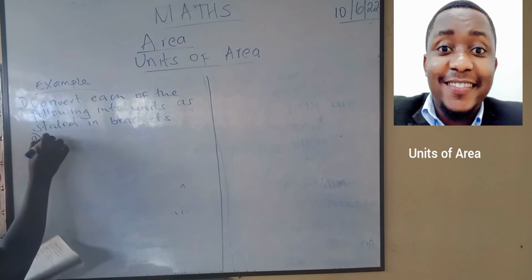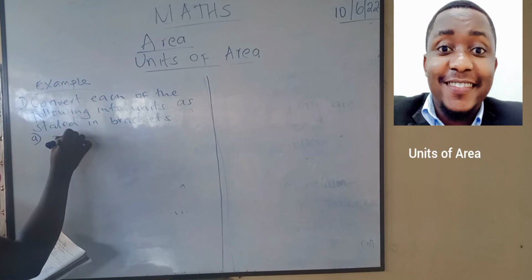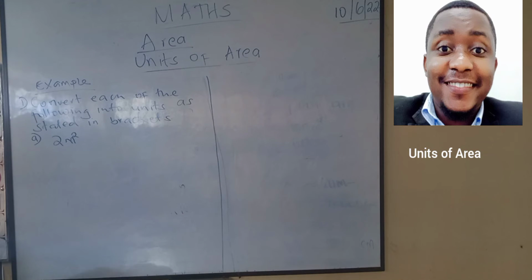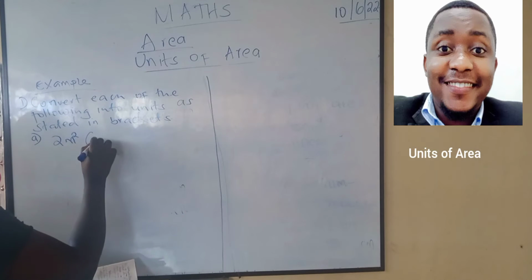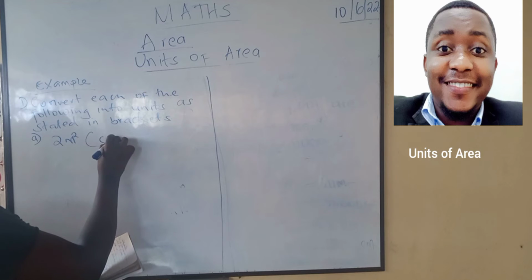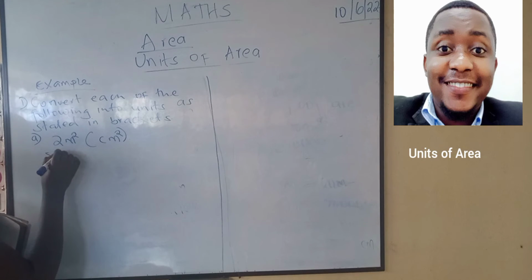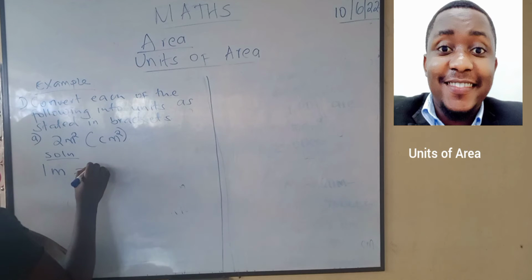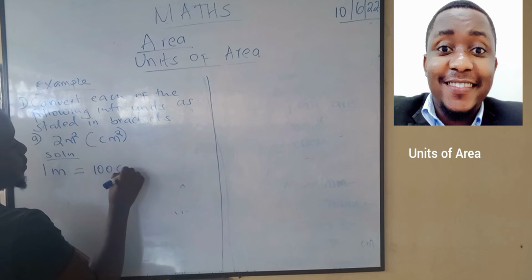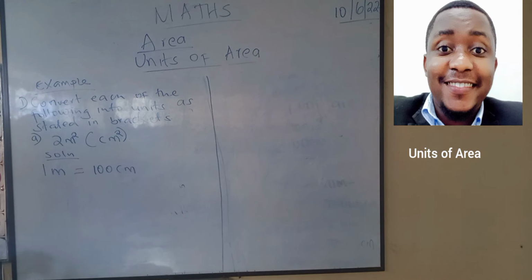Part A, 2 meters squared into centimeters squared. Now remember that 1 meter is equal to 100 centimeters.